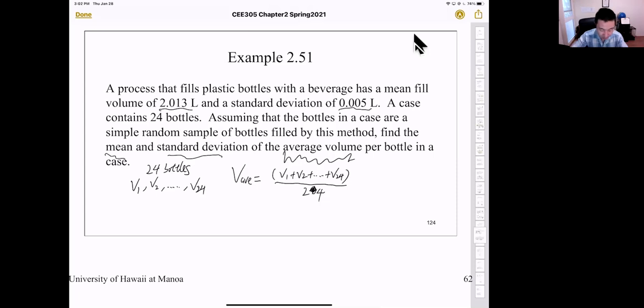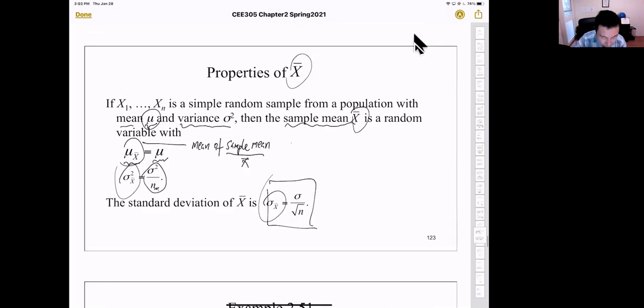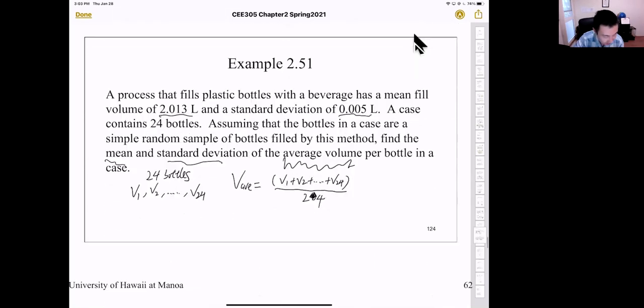Okay. So based on this equation, the mean value of the sample mean does not change. So the mean value of the average volume is equal to the population mean, which is 2.013 liters.